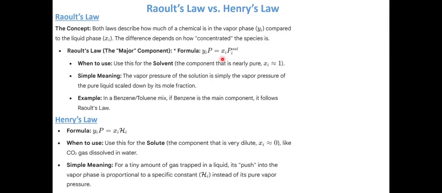Okay, let's go ahead. Here this product will be equal to x_i. x_i is the liquid phase composition of the same component, and P_i saturated is the saturation pressure, I mean, the saturation pressure at these temperature and pressure conditions.